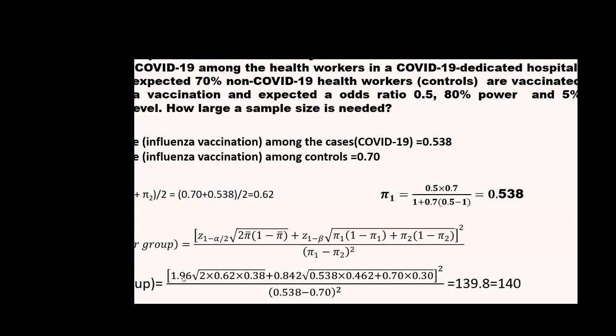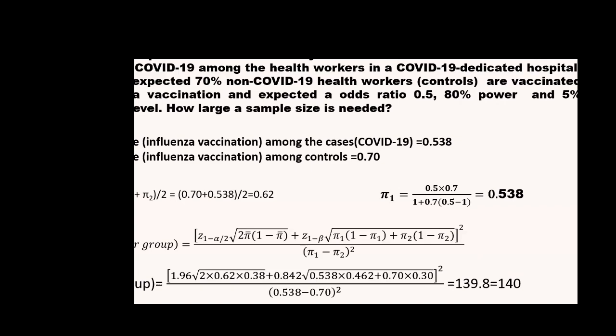Substitute in this formula 1.96, that is our Z value at 5% level, multiplied by 2 times 0.62 times 0.38, plus the Z value for 80% power, and this is our pi 1, 0.538 multiplied by 0.462, minus this one, 0.70 multiplied by 0.30, divided by the difference squared. If we substitute in that, you get the value of 140. So 140 cases and 140 controls are required to answer this question.